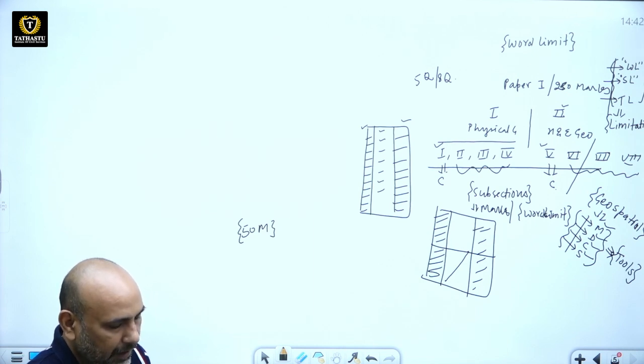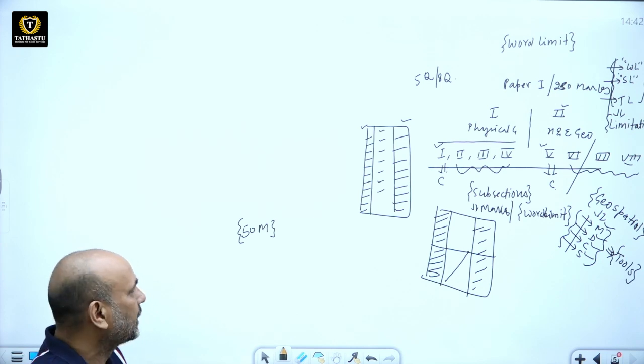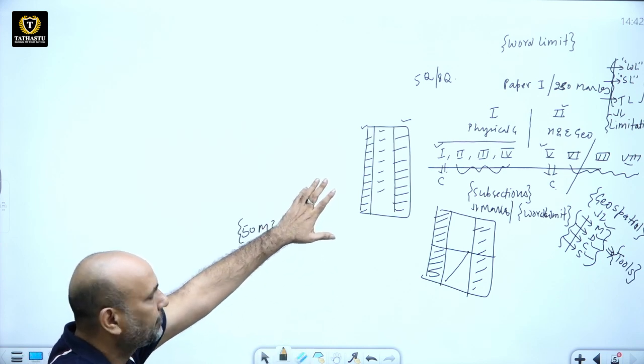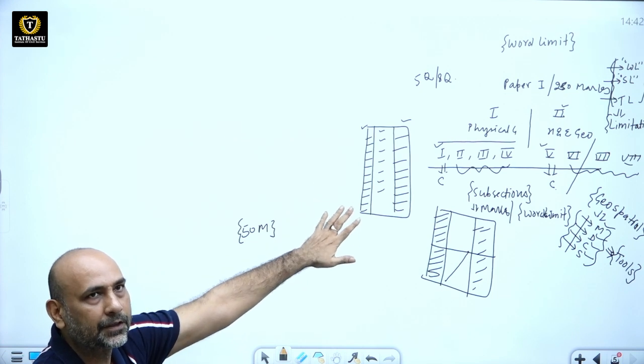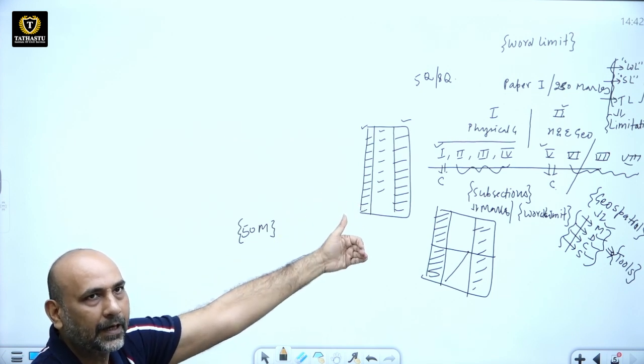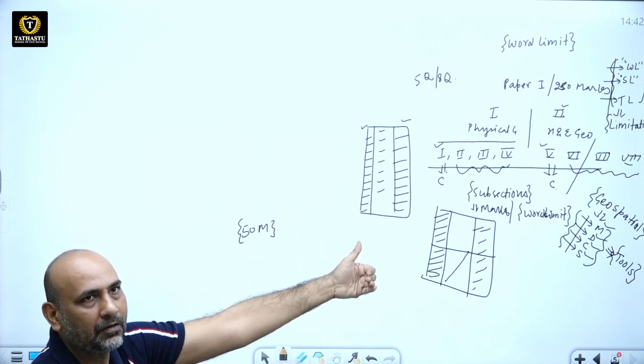Next instruction: illustrate your answer with suitable sketches, maps and diagrams wherever considered necessary. These shall be drawn in the space provided for answering the question itself. Remember that we have the embedded copy in which questions are written and space is provided to write our answers.